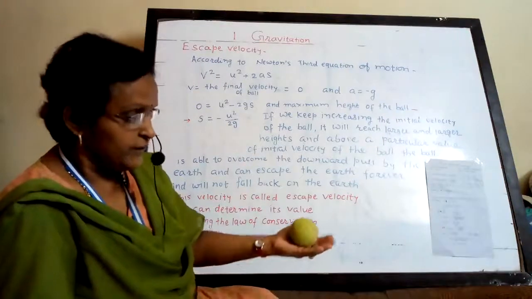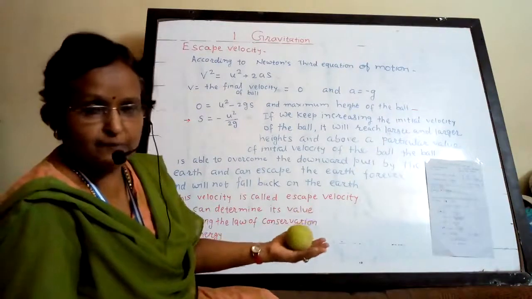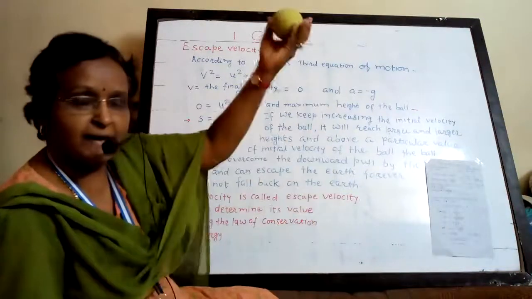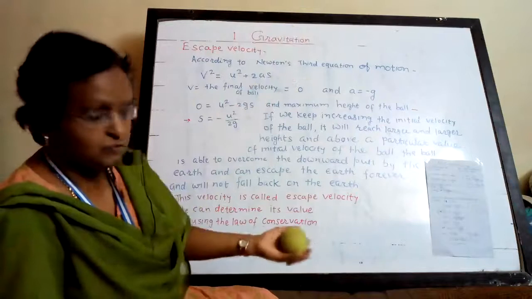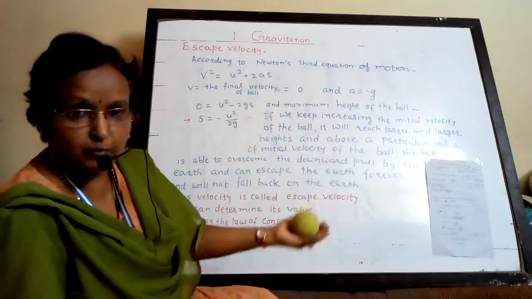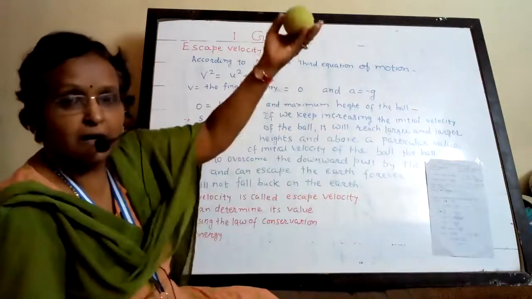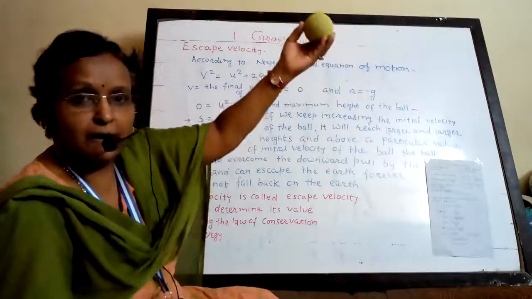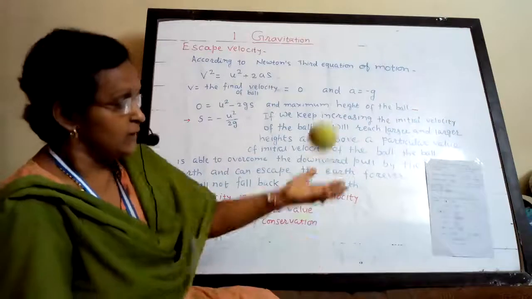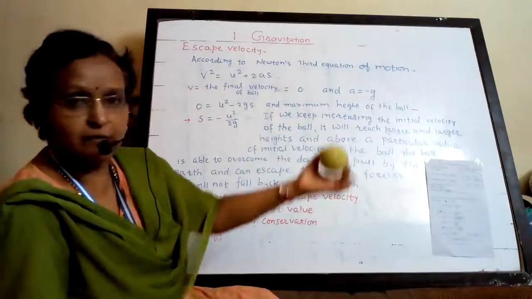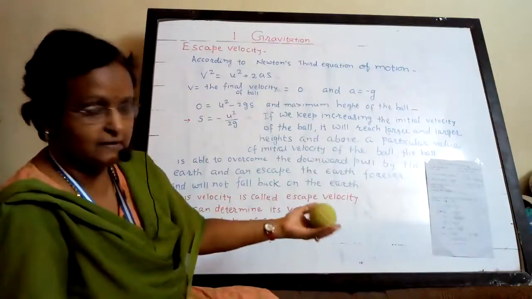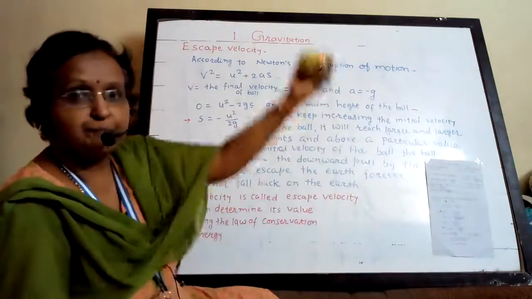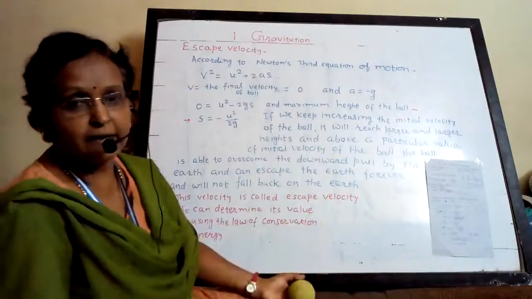Whatever velocity we apply here, that much height it will reach. If we apply more velocity, it will achieve more height, or go to a higher level. When we apply more energy to it, it will go to higher heights.